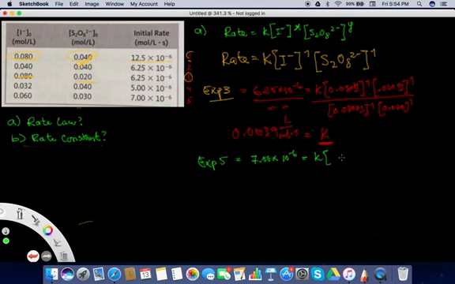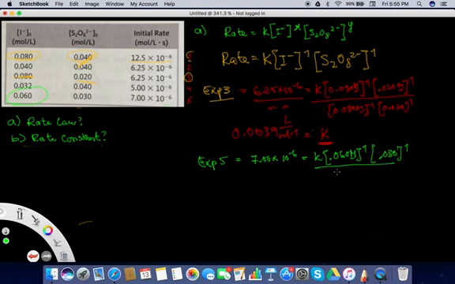And the molarity of iodide is 0.060 in experiment 5, so 0.060 to the first power because we solved for x in part A. And the molarity of peroxodisulfate is 0.030 to the first power because y is equal to 1.